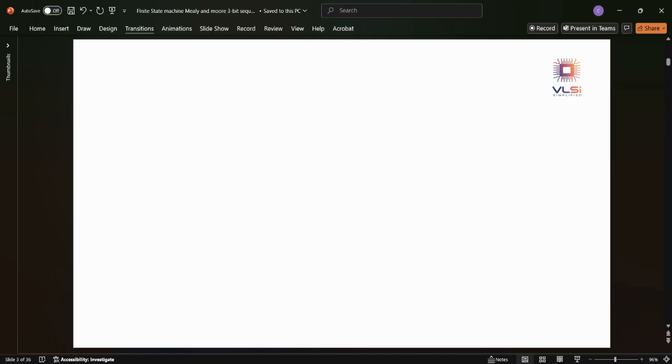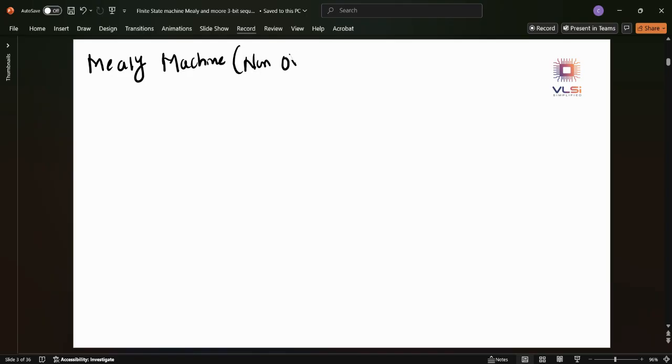First I am doing with Mealy machine, first with the non-overlapping. Which sequence am I searching? That is 101. This sequence I am searching.